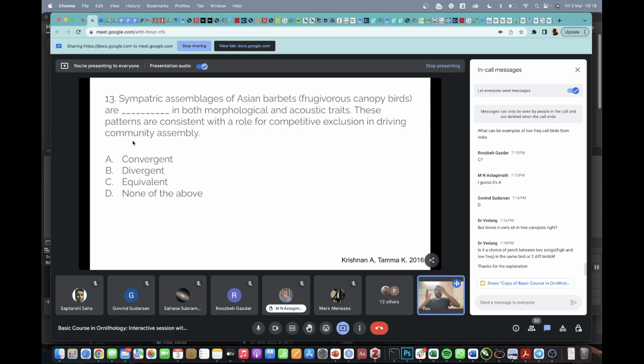So barbets have certain morphological and acoustic traits, and what this question is asking is, are these traits very different from each other or very similar to each other? And this question is also giving you a clue that there is a role for competitive exclusion, like resource partitioning. So resources over here could be the acoustic resource, like how much frequency.